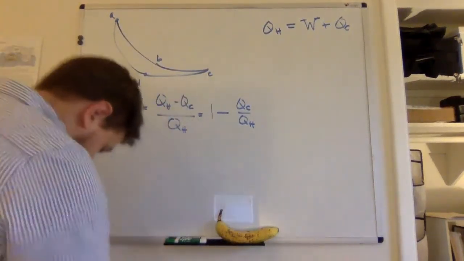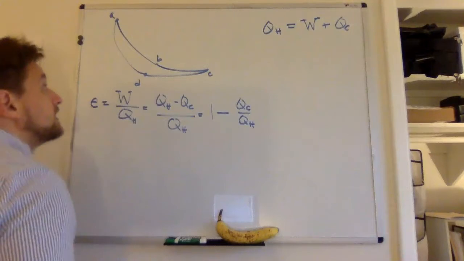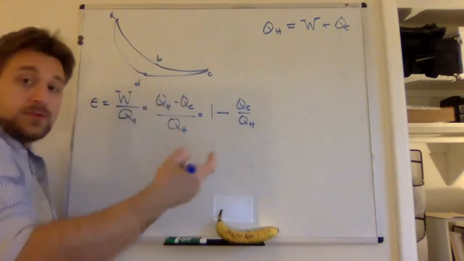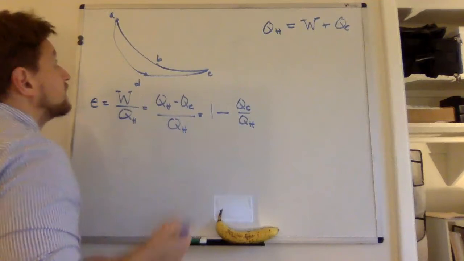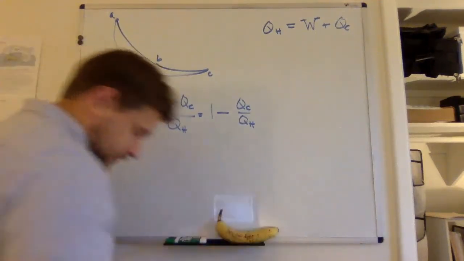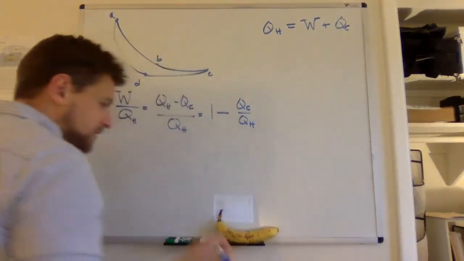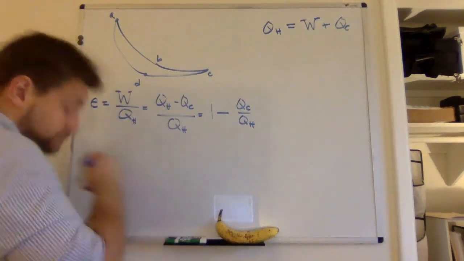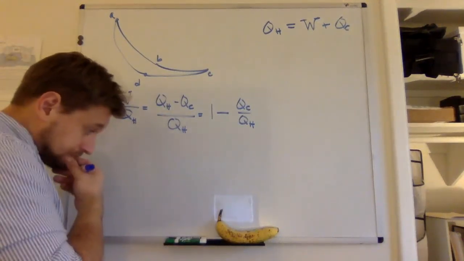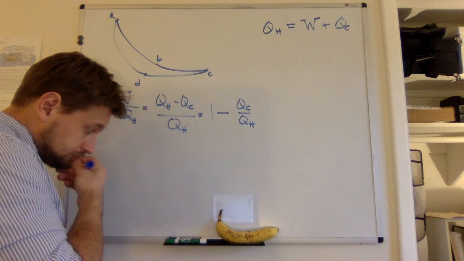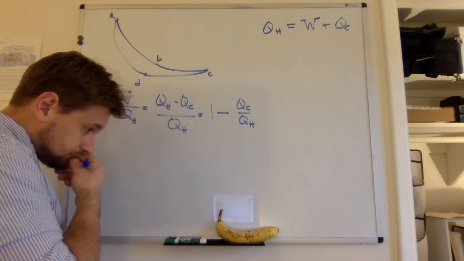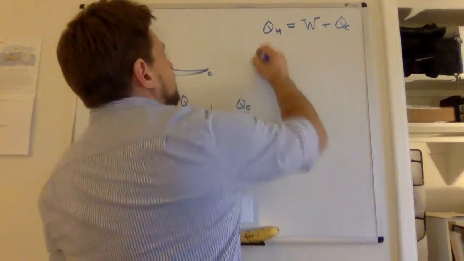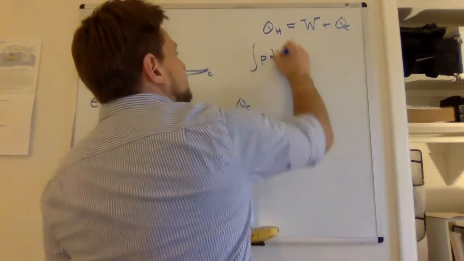Okay, so let's start making stuff up. The transfer from A to B is isothermal, which means the work done in an isothermal process, I think we know, is a natural log. Integrate pressure dV.